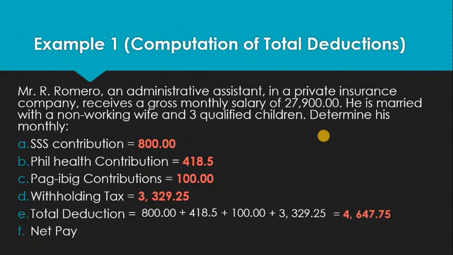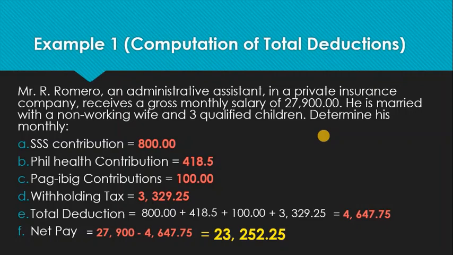So the question is, what is now the net pay? Net pay is the take-home pay, the salary that Mr. Romero will actually bring home. Net pay can be derived by deducting the total deduction from 27,900. 27,900 minus 4,647.75 is a total of 23,252.25.